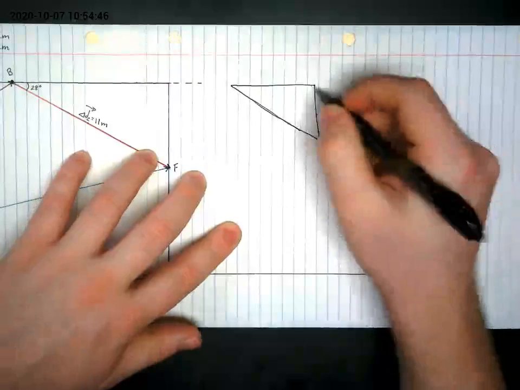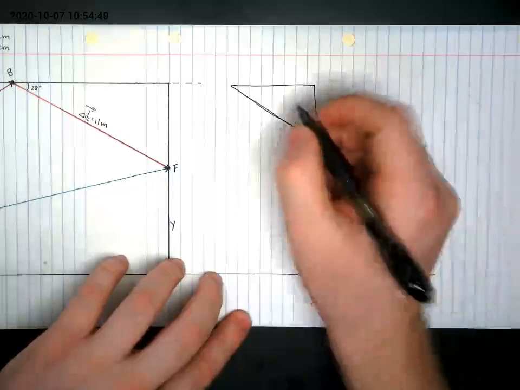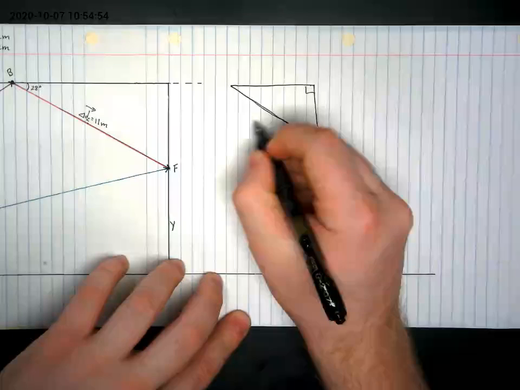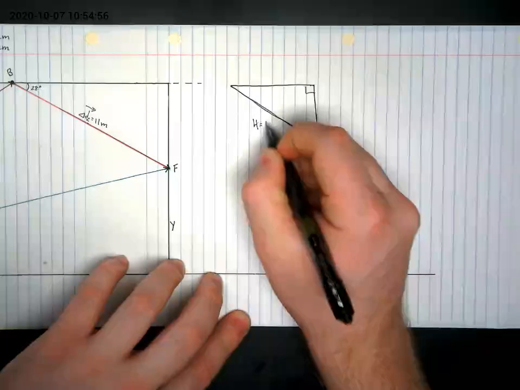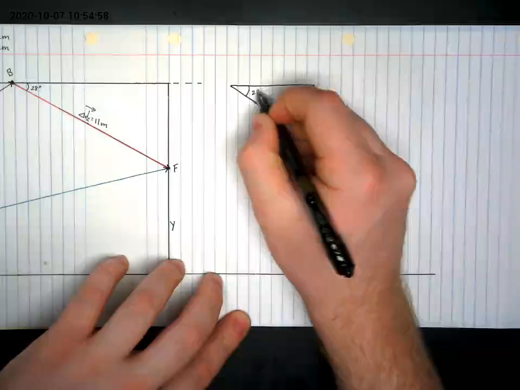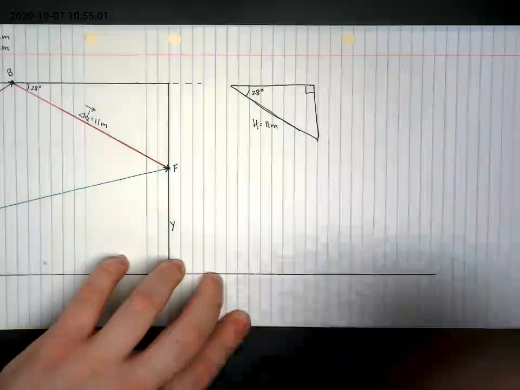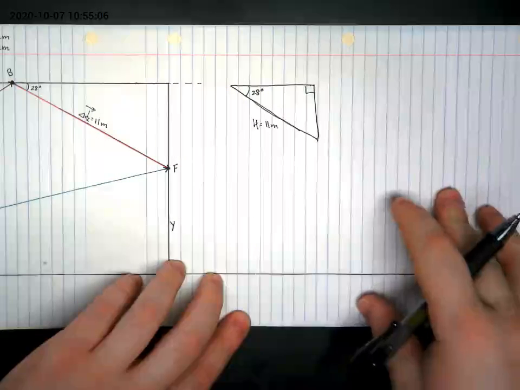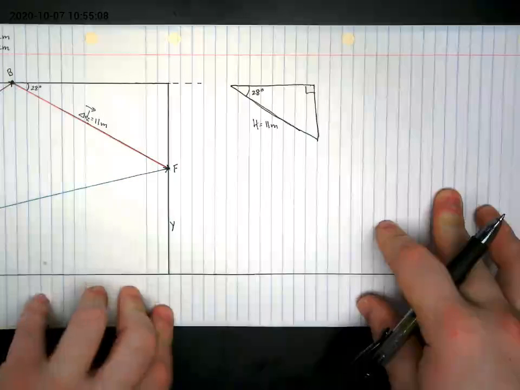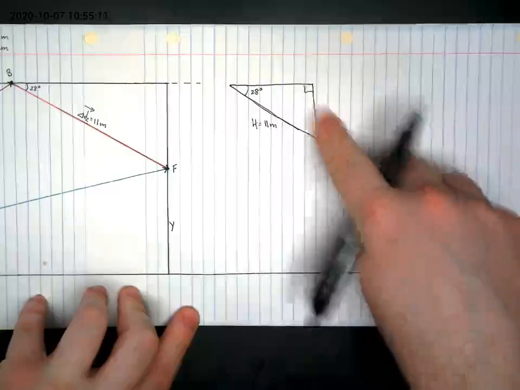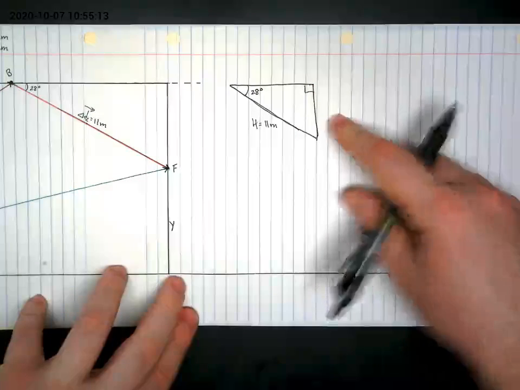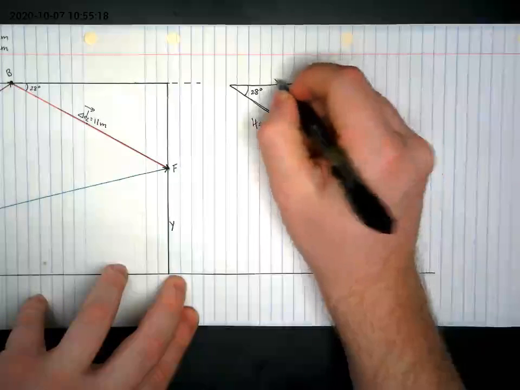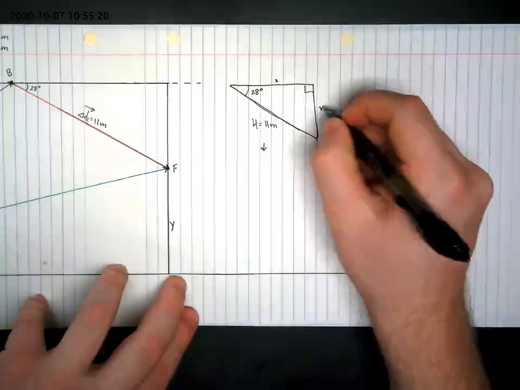Now again, this is just a quick sketch. We know the hypotenuse of this triangle is h equal to 11 meters, and we've got an angle in here. We should solve for both sides, so let's solve for x and y.